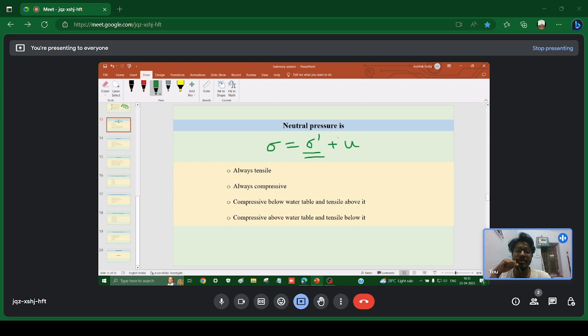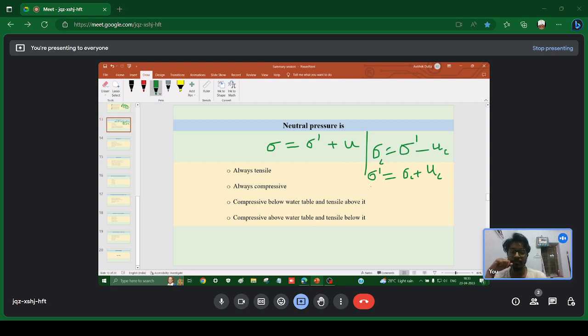If the pore pressure becomes negative, then according to this equation, total pressure after capillary action equals effective stress minus u under capillary action. So effective stress will then be increased.